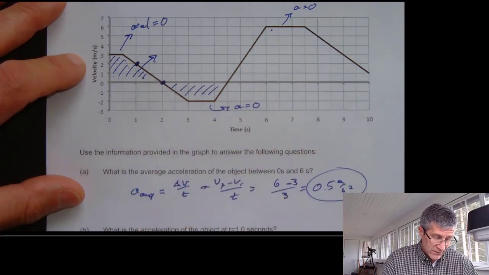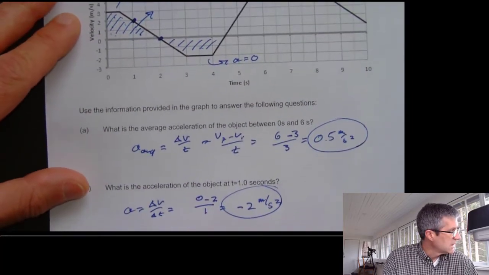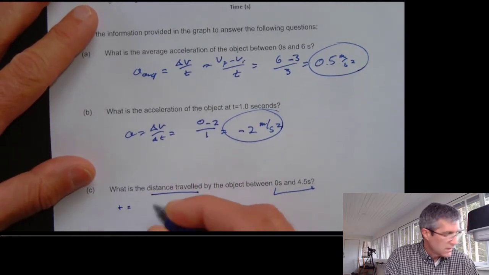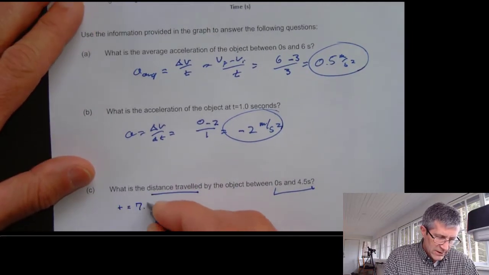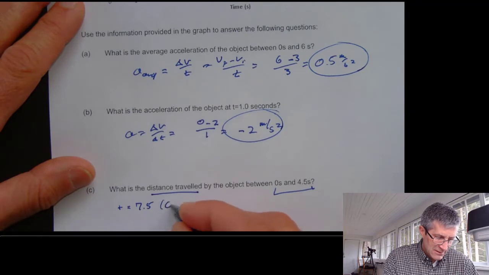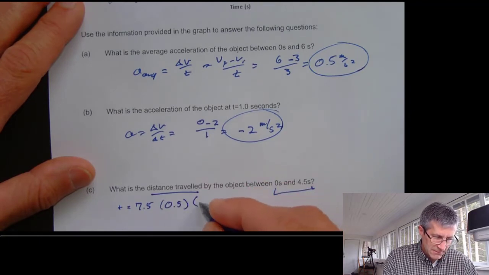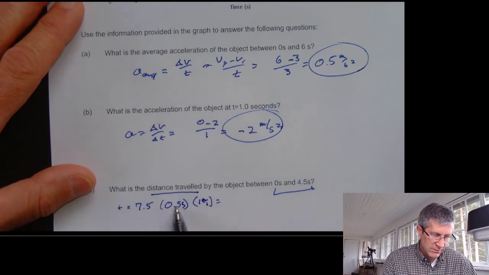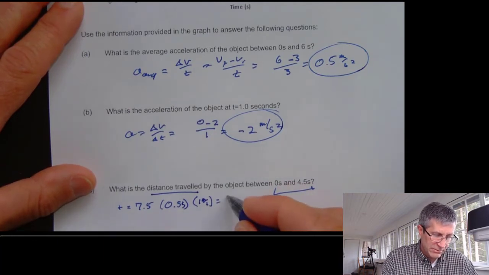So it's 7.5 squares. Each square is half a second times 1 meter per second. Notice my units come out to meters, so basically I'm going to take half of this. So I've traveled in the positive direction 3.75 meters.